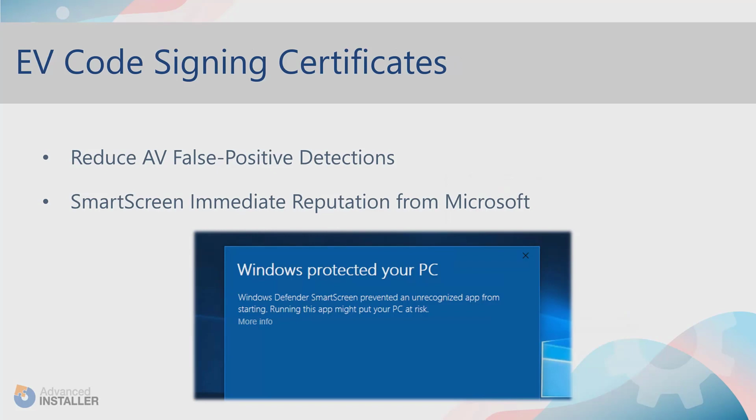The adoption of your software is influenced by many factors, and one of them is the level of trust your users have when you're installing your product, especially if you're an independent software vendor and you publish your product online so they can download it. And the latest version of Advanced Installer offers an additional layer of security for your application with this built-in support for extended validation code signing certificates.